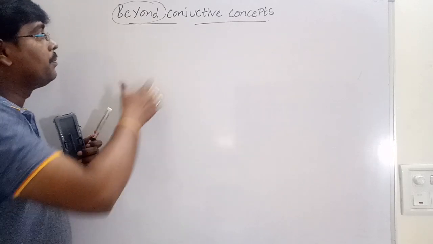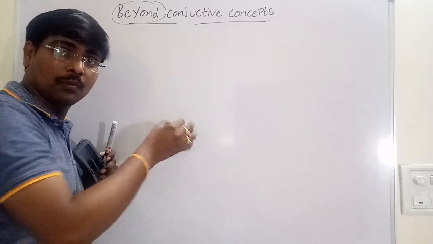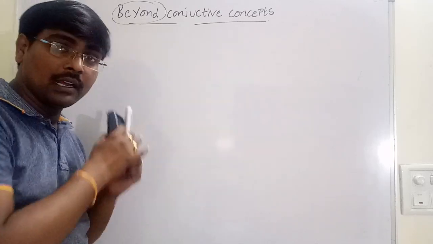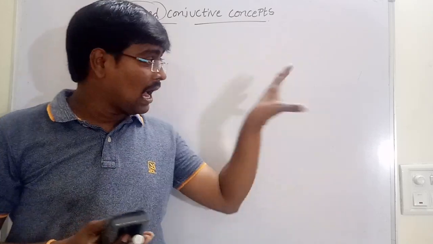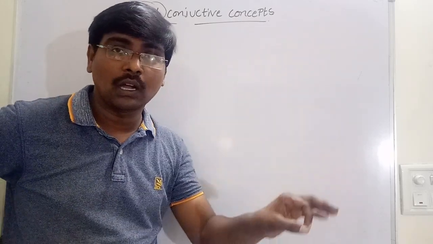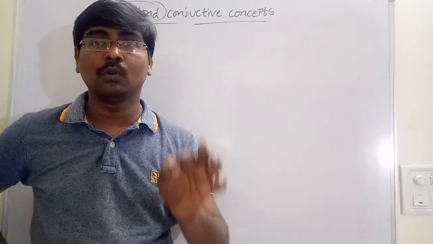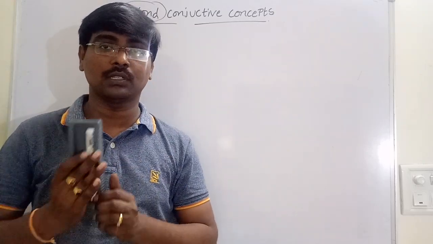Before writing the example, I will explain one point. We already discussed in the previous concept, what is our concept? Our concept has to cover all the positive examples and none of the negative examples.